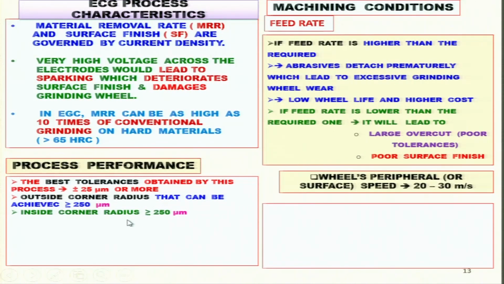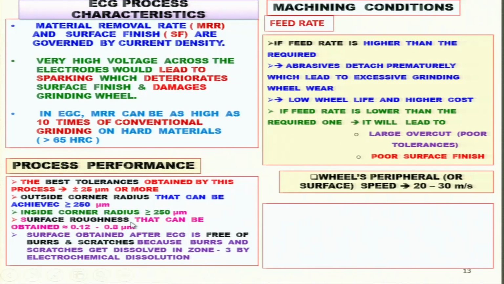Inside corner radius you can achieve around 250 micrometer. Surface roughness that can be obtained is usually 0.1 to 0.8 micrometer, which depends upon the conditions you have chosen and the properties of the workpiece material.